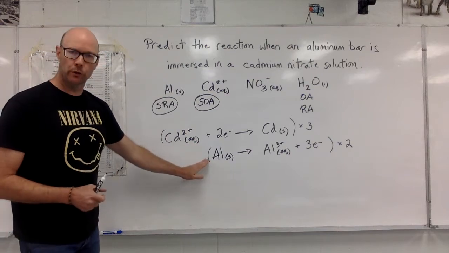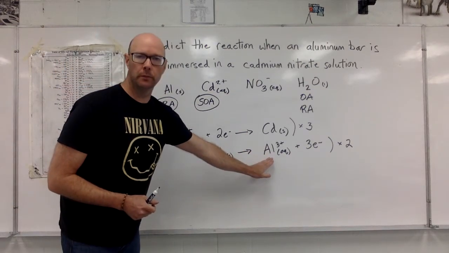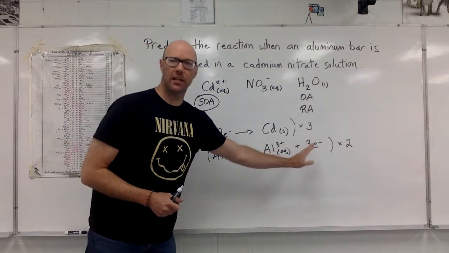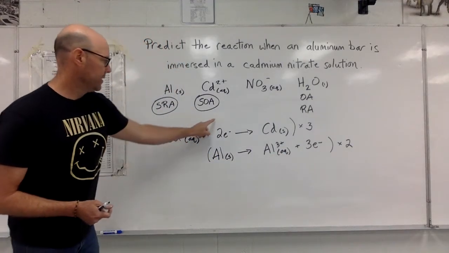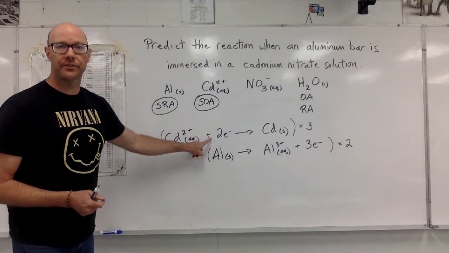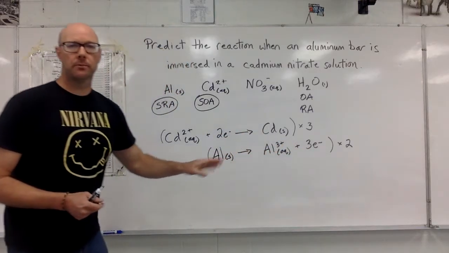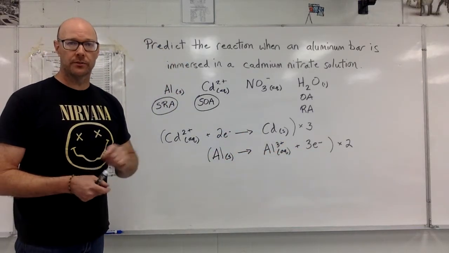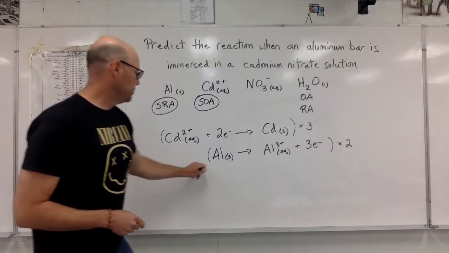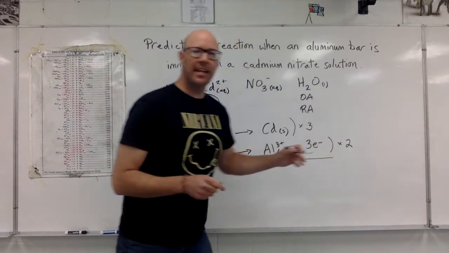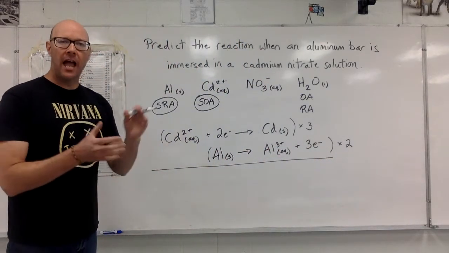So we would have 2 aluminums, 2 aluminum ions, and 6 electrons. We can see that this is going to be 6 electrons gained, and down here 6 electrons lost. We've balanced the electrons.